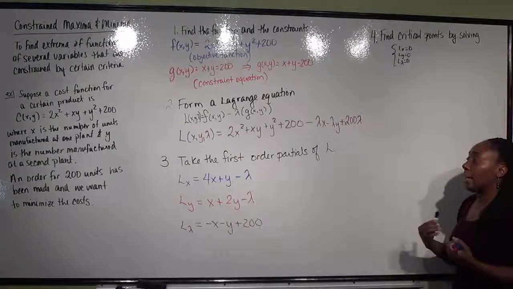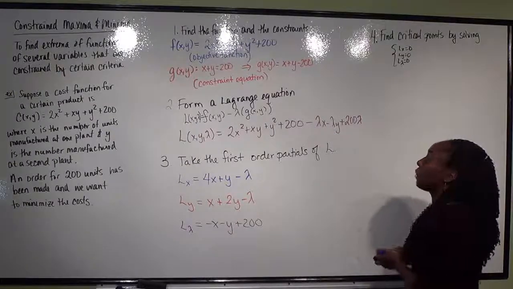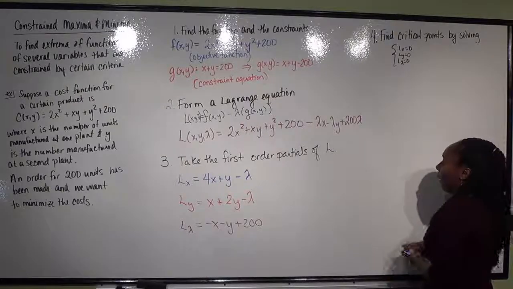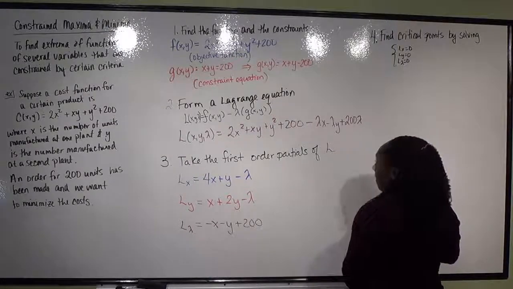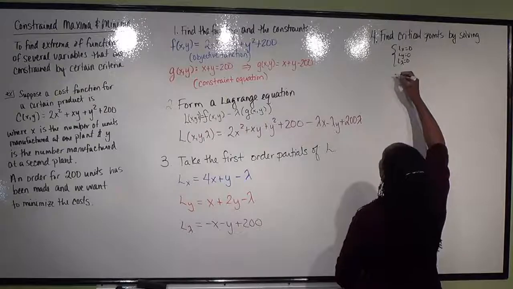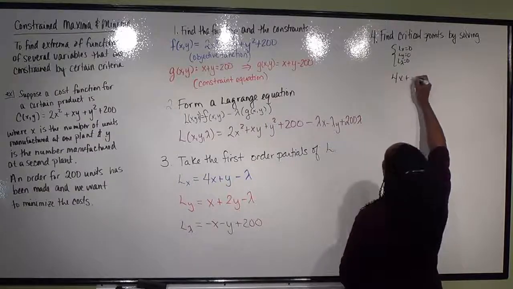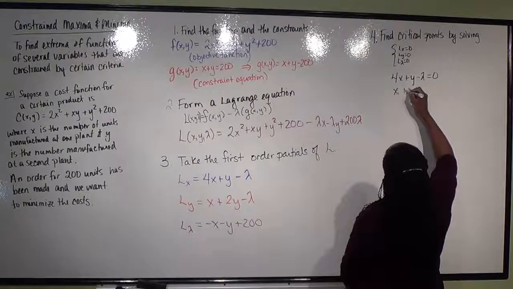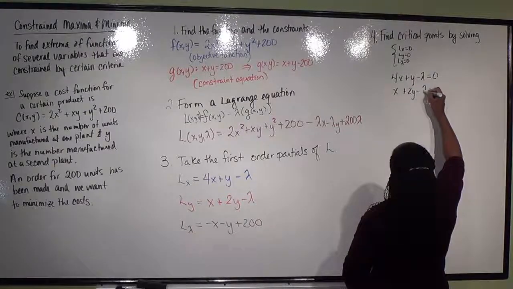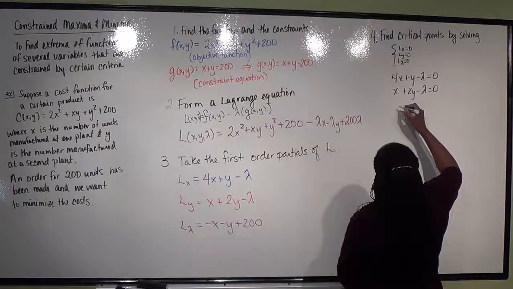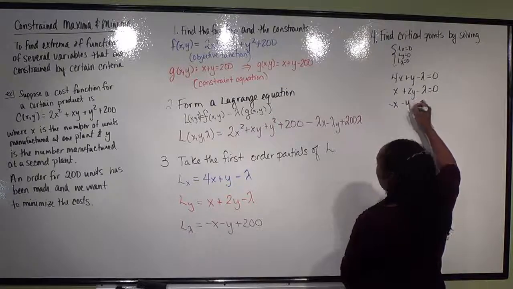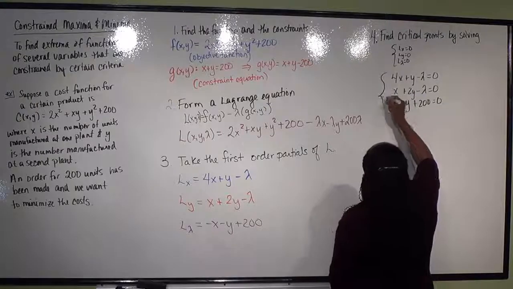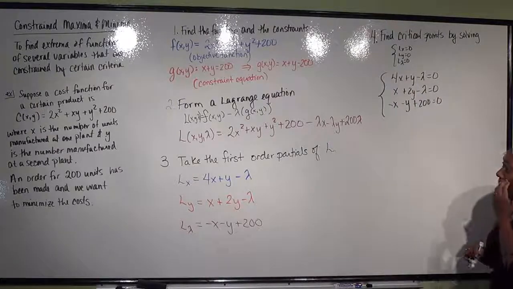And then whatever I get out of there is going to be my solution that gives me my optimized values. Okay? So looking at this system, this says that 4x plus y minus lambda equals 0, x plus 2y minus lambda equals 0, and minus x minus y plus 200 equals 0. That's the system I want to solve.